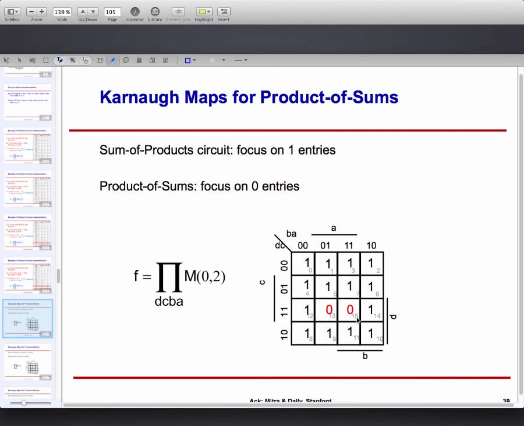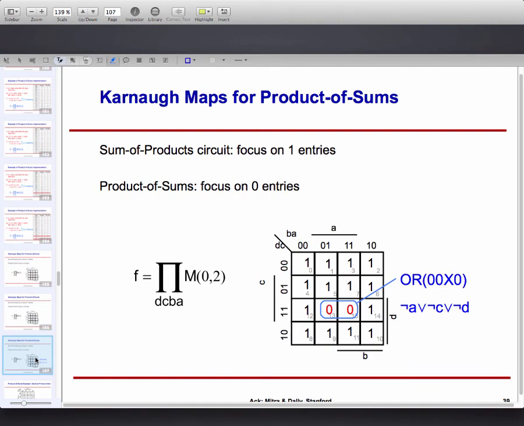And the same game that we were doing earlier, where we were clustering ones, now for maxterm implementations we want to cluster zeros into edges, into faces, into 3D cubes, and so on. So in this case, I have these two things, and I'm going to cluster them together and OR them together. When you cluster these things together, they become 0, 0, x, 0.